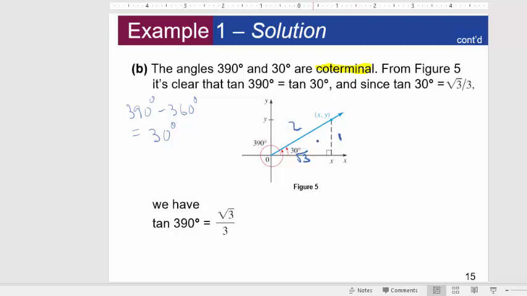So we would have said 1 over the square root of 3 for the tangent, but if we rationalize the denominator by multiplying by radical 3 over radical 3, we end up getting square root of 3 over 3. Okay, so there's our tangent of 30 degrees, which is the same as the tangent of 390 degrees. So this whole idea of subtracting 360 or adding 360 to make the angle become between 0 and 360 is important, right? We're finding coterminal angles there.